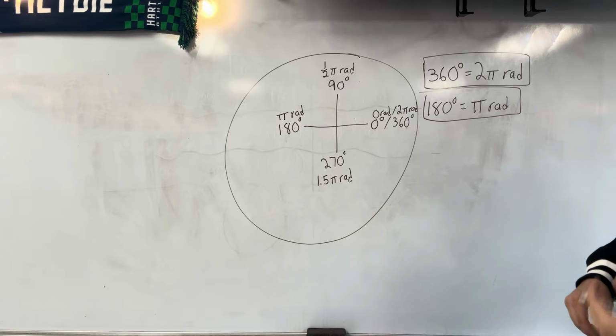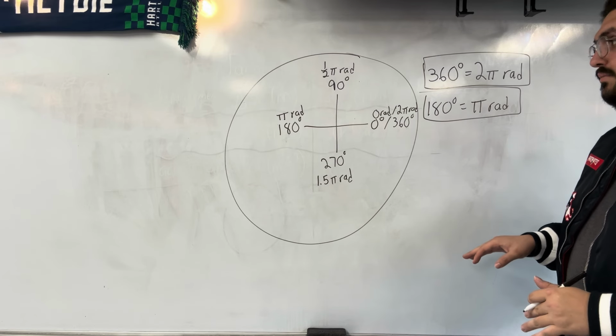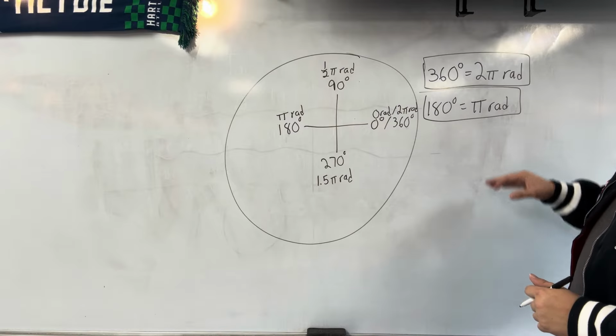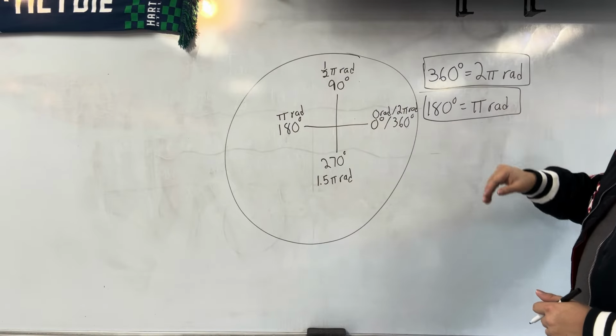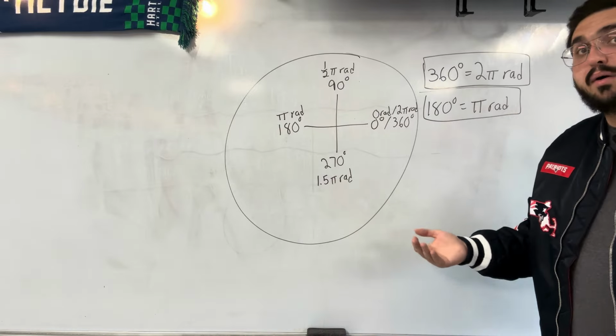So when we're doing our unit conversions, which we'll do a basic one here, we can convert from radians all the way into degrees or revolutions, depending on what we want to do.